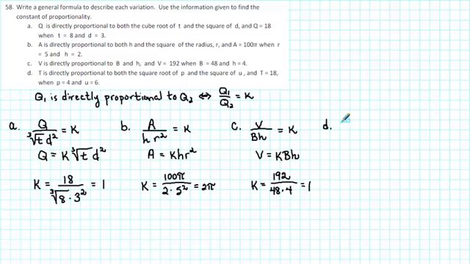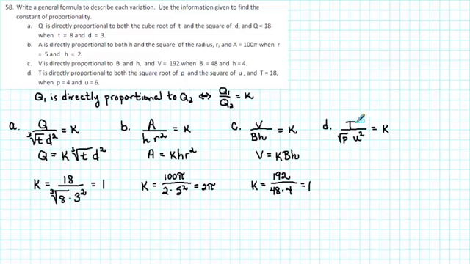Finally, in part D, we're given that t is directly proportional to the product of the square root of p and the square of u, and t is equal to 18 when p is equal to 4 and u is equal to 6. So we use the same strategy that we've used all along.